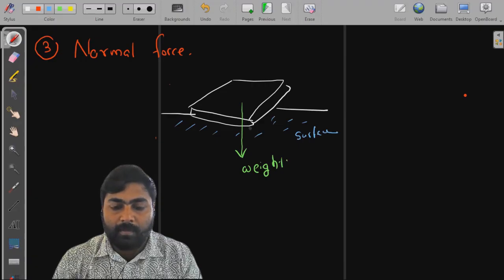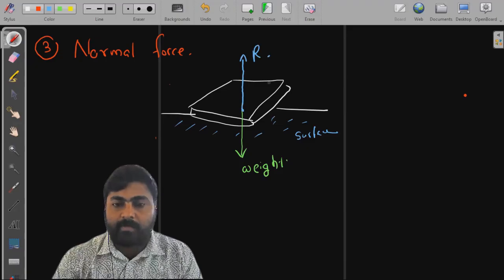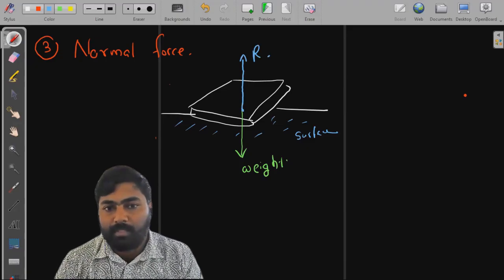Due to that force, a normal force is generated like this. Clear? Yes, sir.